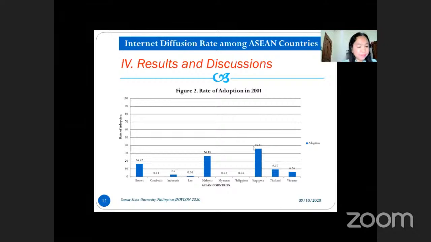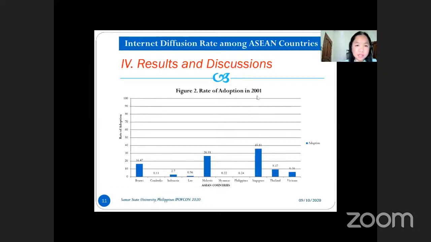Next is the rate of adoption in 2001. The result shows that among the ASEAN member countries, Singapore has the highest rate of internet adoption, while Cambodia has the lowest. The Bass model assumes that a high value for P, or innovators, indicates the diffusion has a quick start.